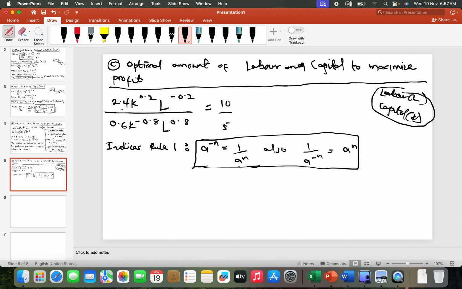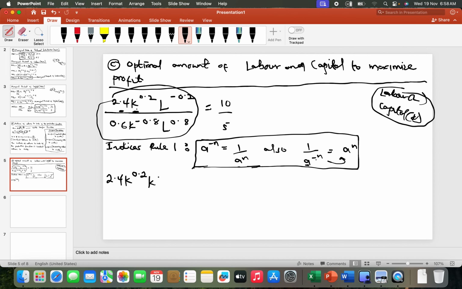The first number here is 2.4. The first variable here is K exponent 0.2. Now, apart from this K at the top, which is 0.2, we will check if we can find any other K at this particular side. We have K at the bottom here, but it has an exponent of negative 0.8. The indices rule states that if I have a variable down like this with a negative exponent, once it comes on top, it becomes positive.